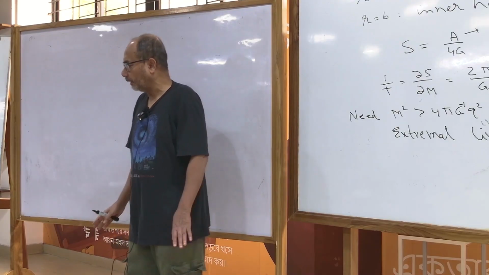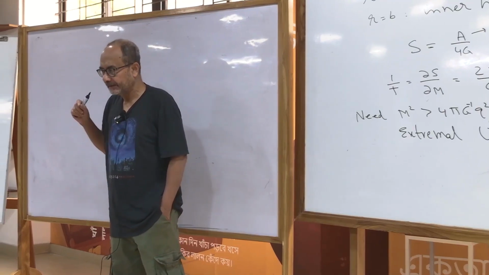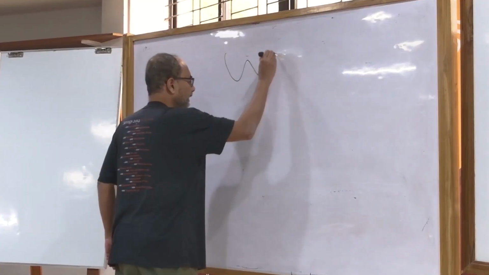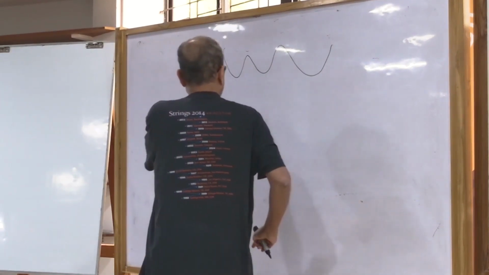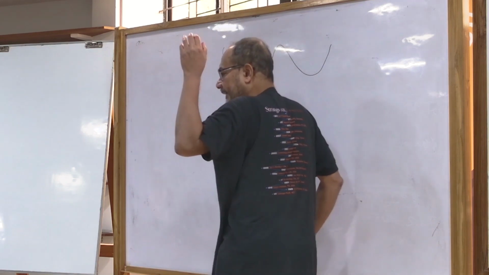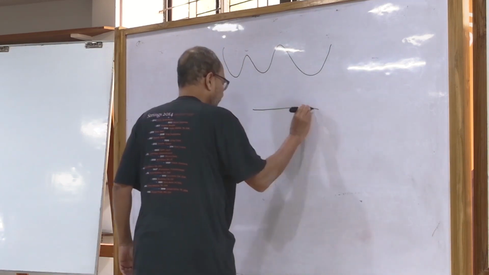But it's a generic feature of theories with N equal to 2 or higher supersymmetry that there are always flat directions. Which means that for the potential that I drew, like this, there will be directions like this, but there are also directions in which this thing is flat, it does not change. So there are certain directions in the field space in which this is flat.